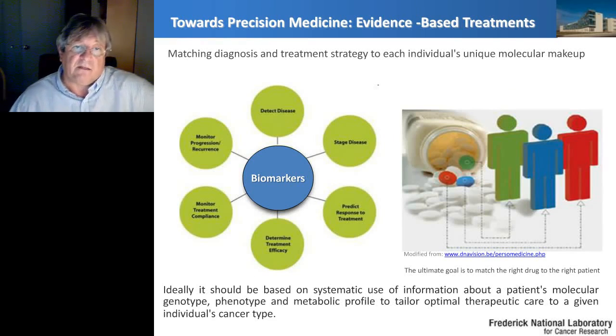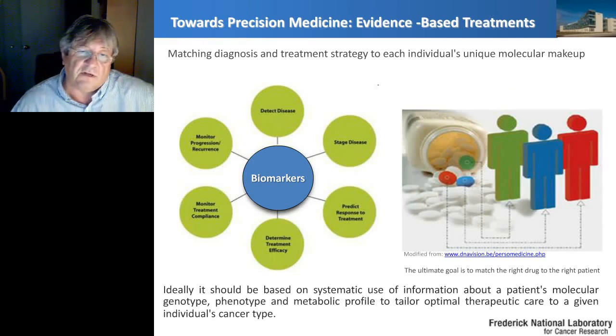So the ideal thing is if we have diagnostic biomarkers, or any kind of biomarkers, that can guide the treatment. And that is also called precision medicine or evidence-based medicine. In essence, it is basically matching diagnosis and treatment strategy to each individual's unique molecular makeup, whether this is genomic, proteomic, or metabolomic molecular makeup.